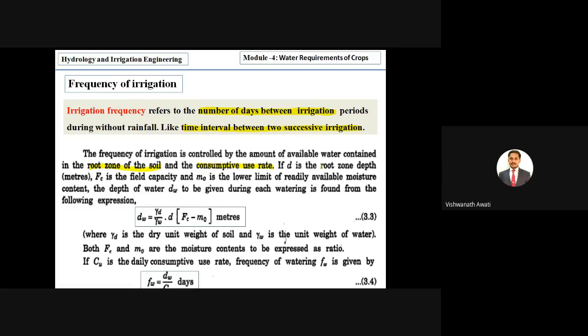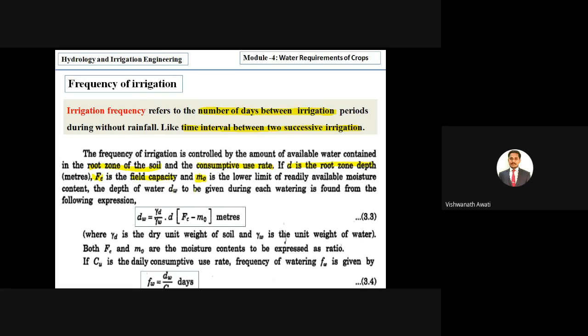If D is the root zone depth in meters, and FC is the field capacity, and MO is the lower limit of readily available moisture content. These are very important.